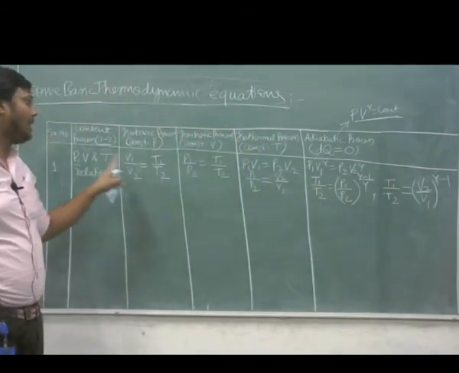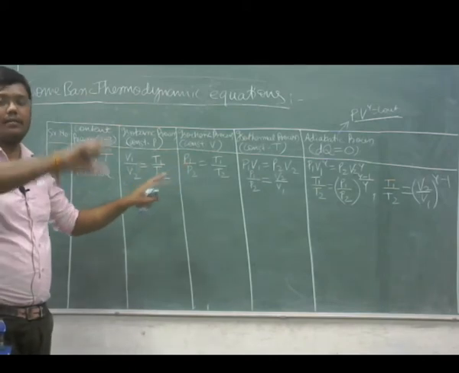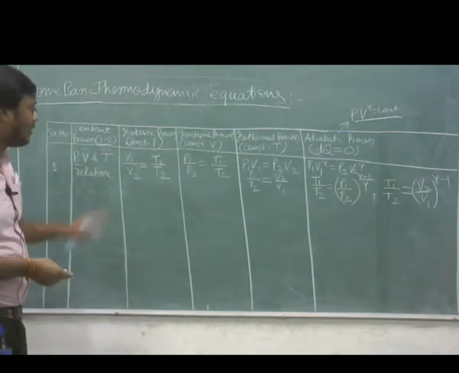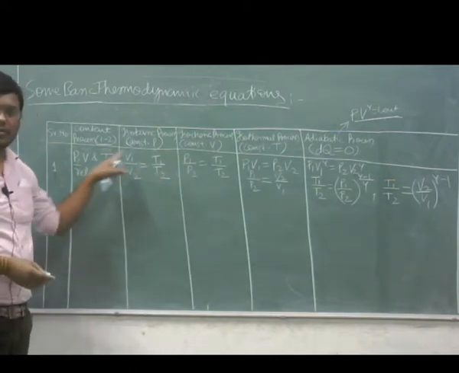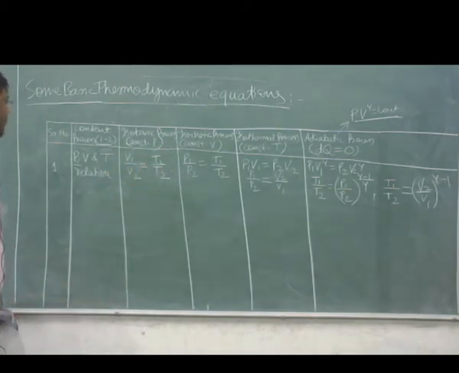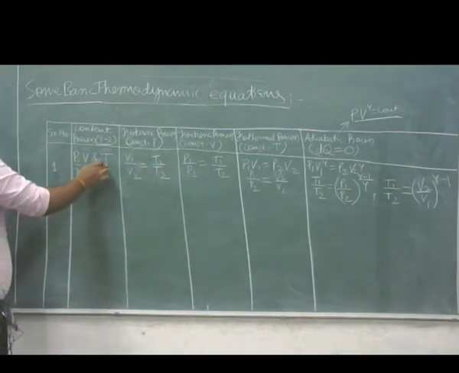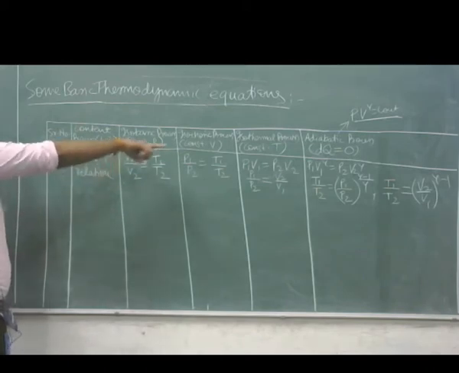All these formulas you have already studied in the thermodynamics subject. I am only reminding you of them. So these are the pressure, volume, and temperature relations for all these processes.